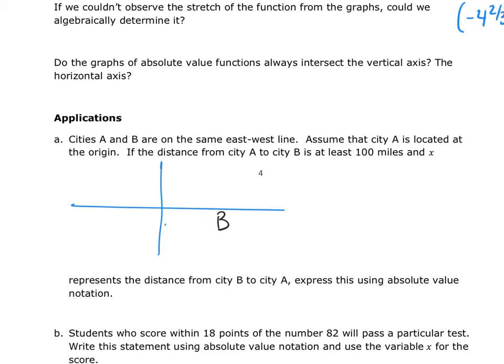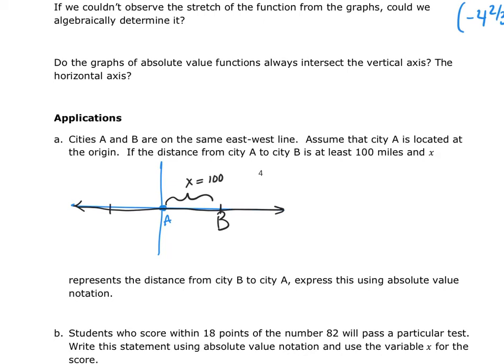So here's City A, right here at the origin. And they're on the same east-west line, so that means that we are going left to right. The distance from City A to City B is at least 100 miles. So this distance is at least 100 miles.